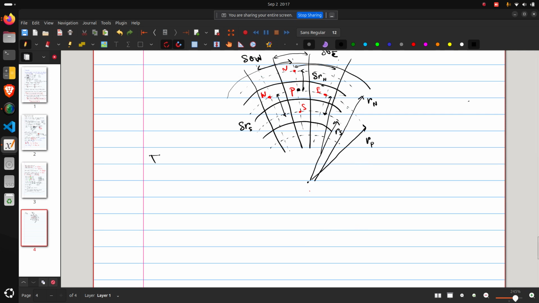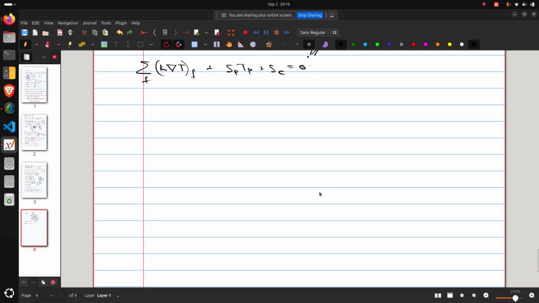So now if you say, for example, you will have a heat diffusion problem with some source, we can write it like this, right? So we can write it like K gradient of T at all faces, plus SP TP plus SC equals 0, right?